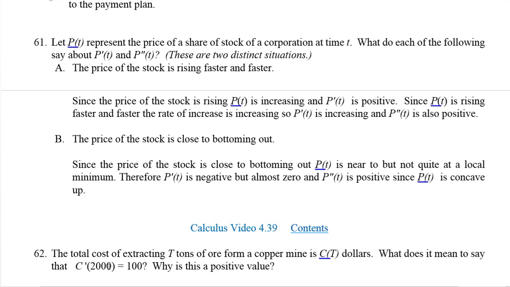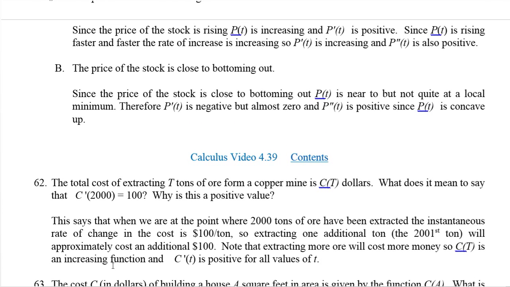Now, what does it mean to say C prime of 2000 equals 100? This says at the point where you're getting 2,000 tons of copper ore out of the mine, the instantaneous rate of change is 100. What would the units be?